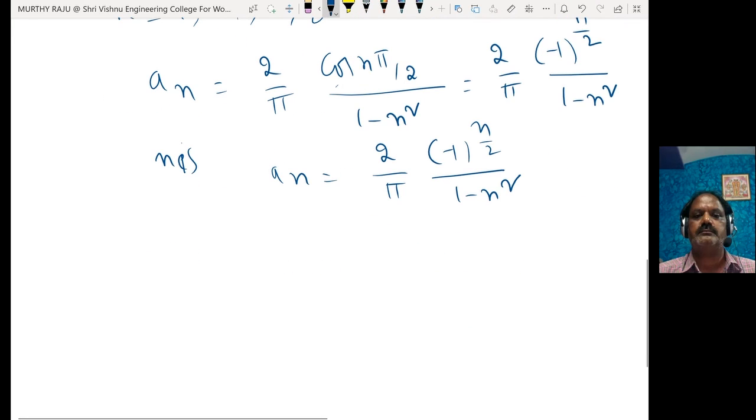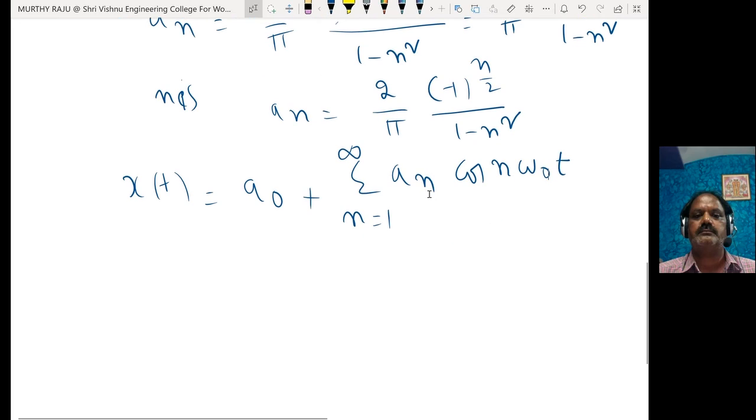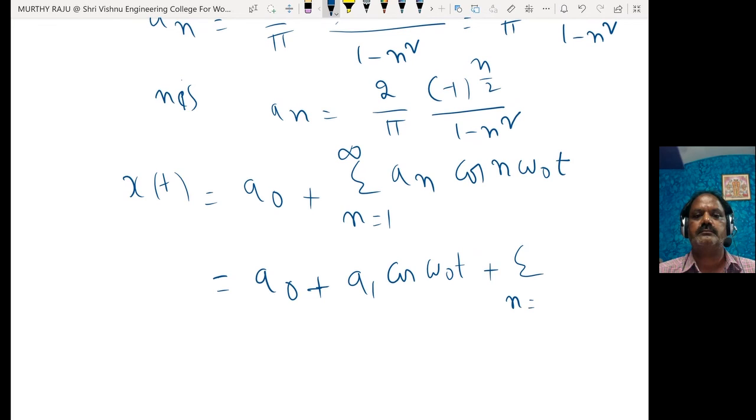Now write down the Fourier expansion formula. X of t is equal to a naught plus sigma n is equal to 1 to infinity an cos n omega naught t. Bn is 0, no need to write here. That is equal to a naught, substitute n is equal to 1, A1 cos omega naught t plus n is equal to even values.